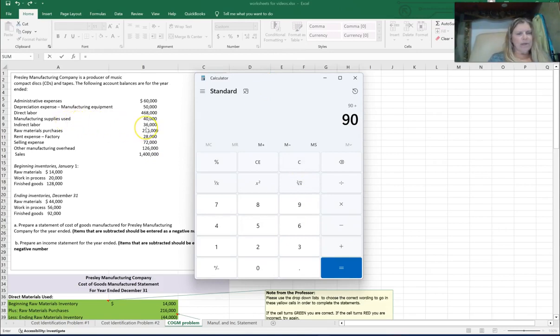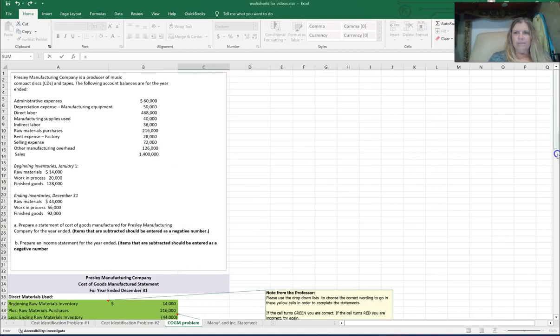And then we have indirect labor, that's 36. Rent expense for the factory would also be a manufacturing overhead. Selling expense would not, but other manufacturing overhead of 126 would be. So you should get $280,000. So let's go and plug that in.